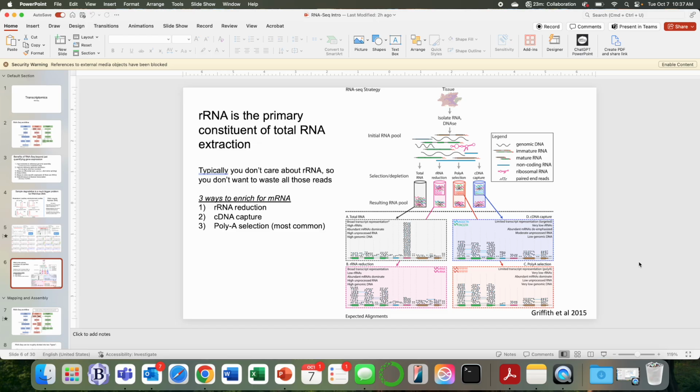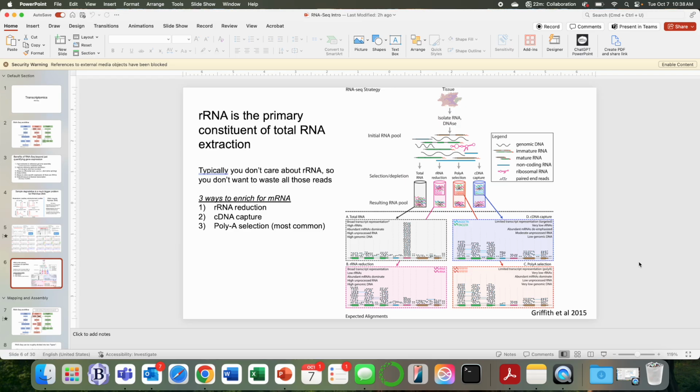That all leads up to this part. The major constituent of any RNA extraction is going to be ribosomal RNAs. And so if you're going to send that off for sequencing, ideally you want to get rid of the ribosomal RNA so you're not wasting all your reads on sequencing the same ribosomal RNA over and over and over again.